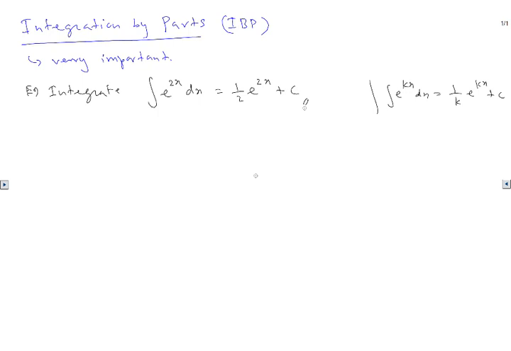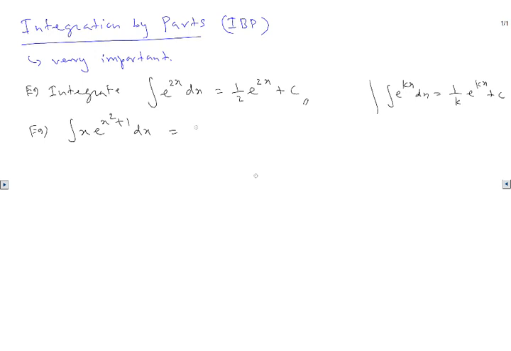Let's look at another problem. How about this one? Let's say integrate x e to the x squared plus 1 dx. What do you think? If we have x e to the x squared plus 1 dx, can we do it? From the four formulas, this is like e to a function and its derivative situation.